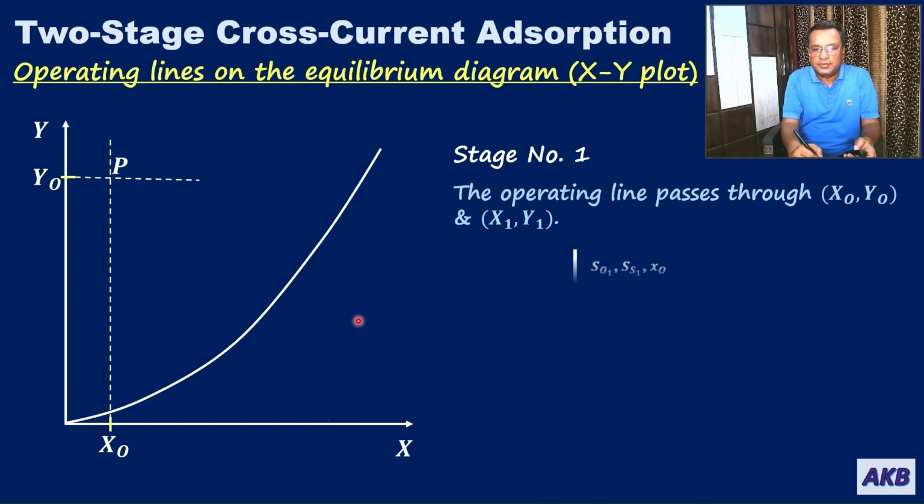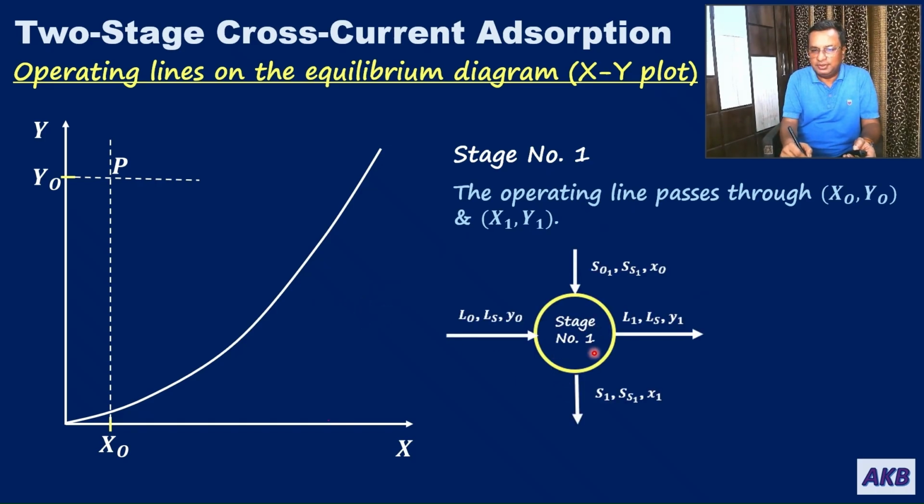And then if you look at stage number 1 and look at the leaving streams, the leaving liquid stream and the solid stream, if they are in equilibrium with each other, then the other point, which is point X1, Y1, will be lying on the equilibrium curve.